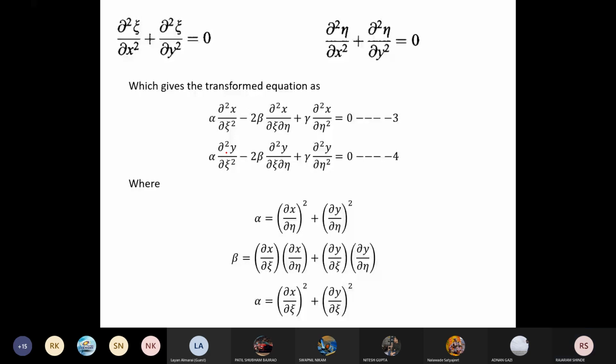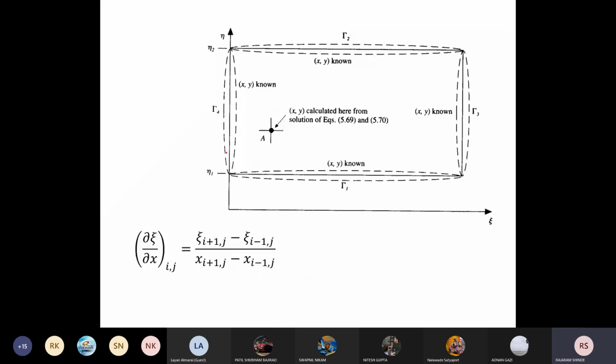For that purpose, consider this as the domain in the computational plane. It is bounded above and below by boundaries gamma 1 and gamma 2, and on right and left it is bounded by gamma 4 and gamma 3.